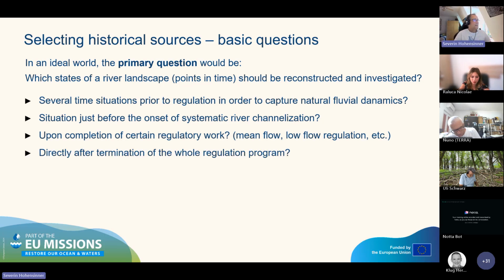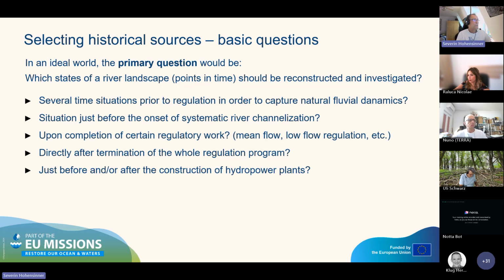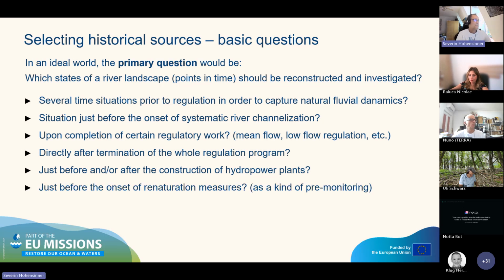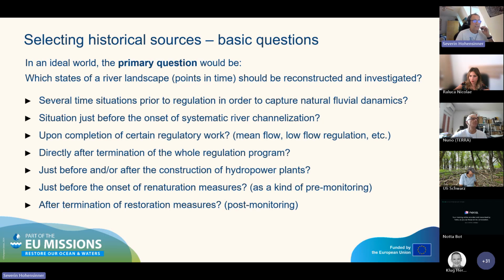Then interesting could also be directly after termination of a whole regulation program, then just before and after the construction of a hydropower plant, and just before the onset of renaturation measures as a pre-monitoring. Another situation of interest would be after termination of restoration measures, as a post-monitoring.